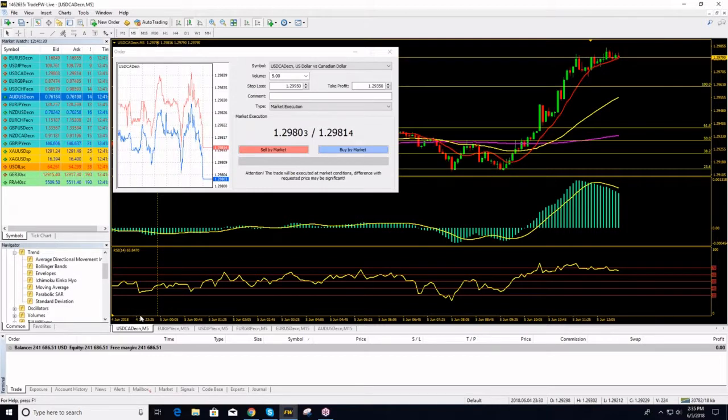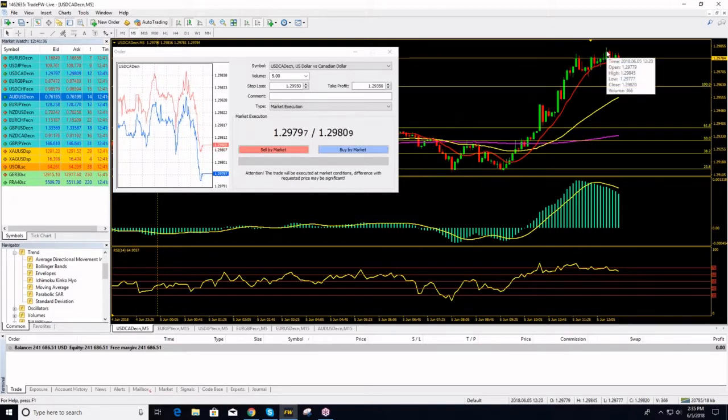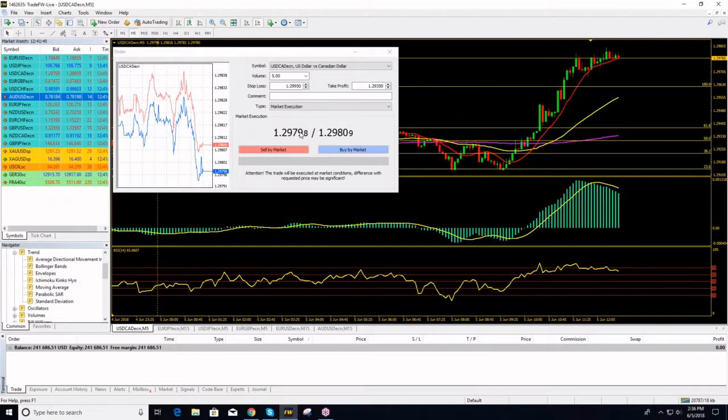So patience. We have 4 minutes left. We need a close below MA10. We are getting there. Be patient, please. So let's see what we get on this 5-minute chart.